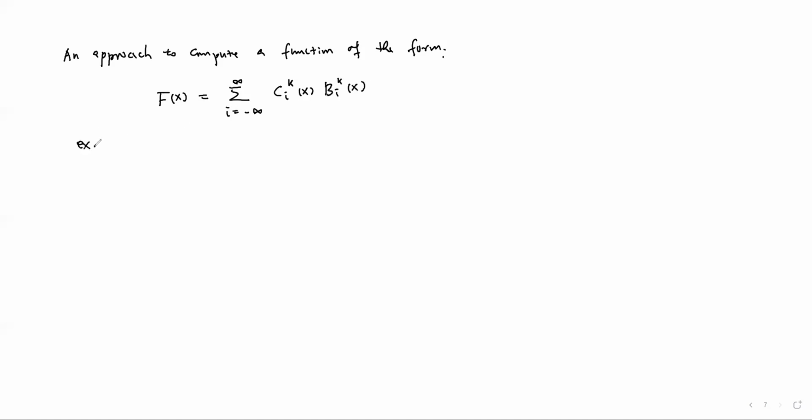Say for example, if we specify C L k x is equal to 1, and C I k x is equal to 0 when I is not equal to L, then this function F is equal to B L k x.